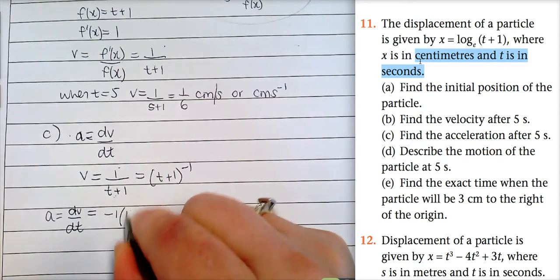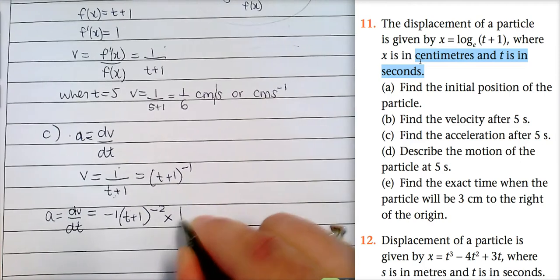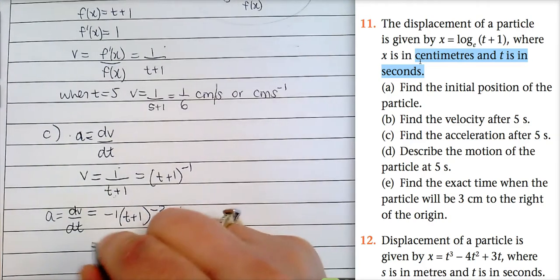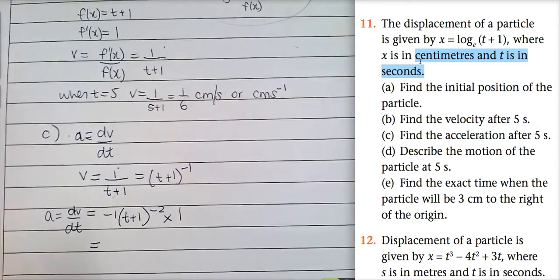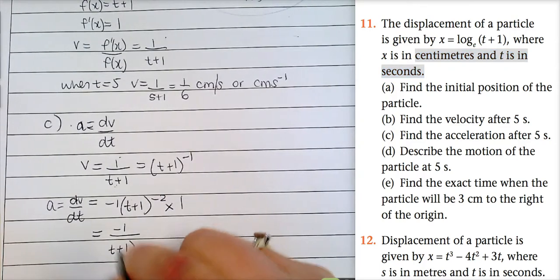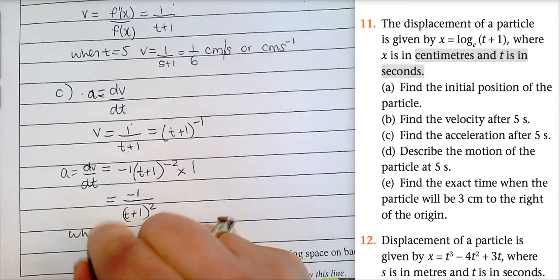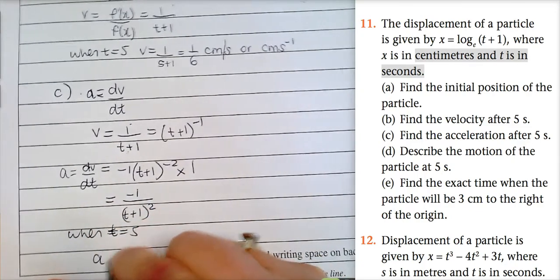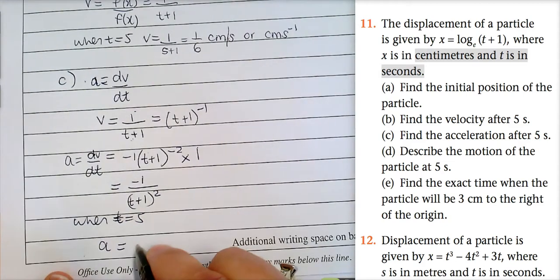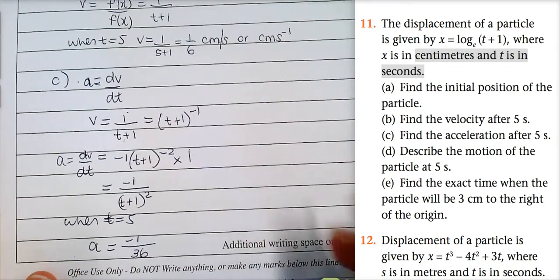Negative 1 bracket, t plus 1 to the power of negative 1, differentiating inside, don't forget, which is negative 1 over (t plus 1) squared. So now when t is 5, acceleration is negative 1 over 36, because 6 squared is 36.